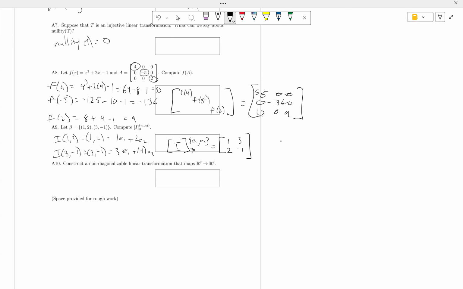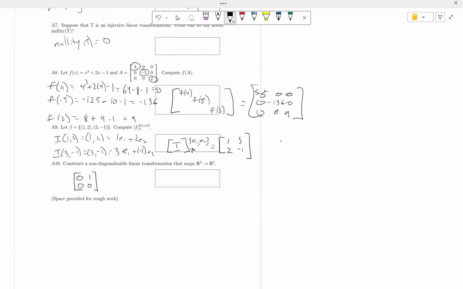Finally, we want to construct a non-diagonalizable transformation going from R2 to R2. When I think of this, I go to the matrix (0, 1, 0, 0). I know this is not diagonalizable because it's an upper triangular matrix with the same entries on the diagonal, but there is an upper diagonal piece.